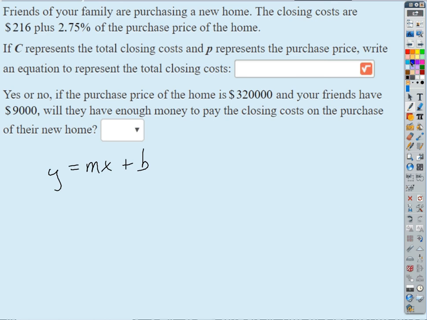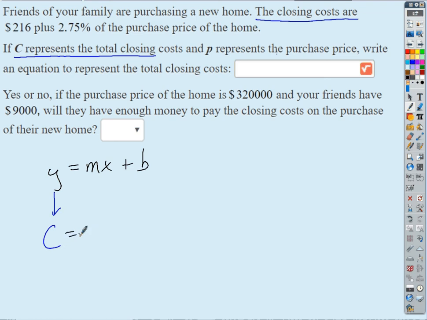What's our output variable? C. C, yeah, because we're trying to calculate closing costs, right? And so whatever we're trying to calculate is the output of the function, right? So C represents total closing costs, and it's telling us here the closing costs are all this stuff, right? So the Y is gonna become a C, okay?